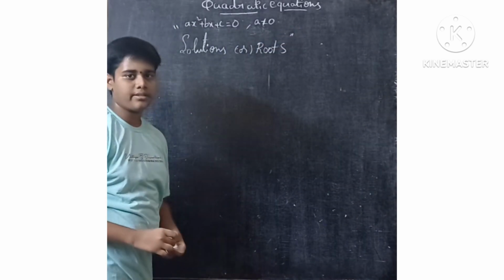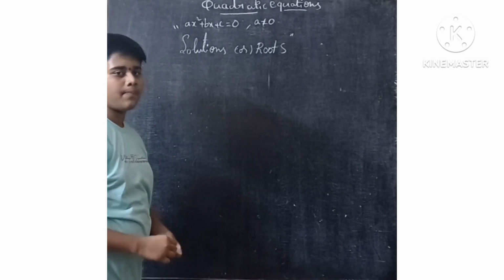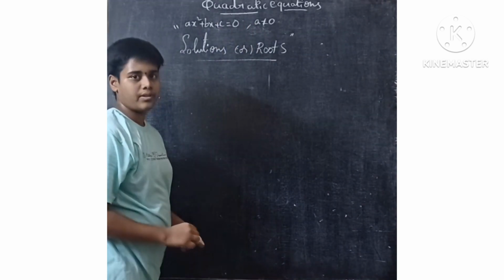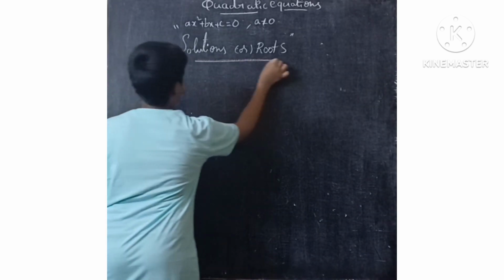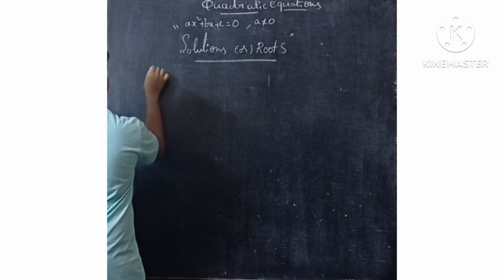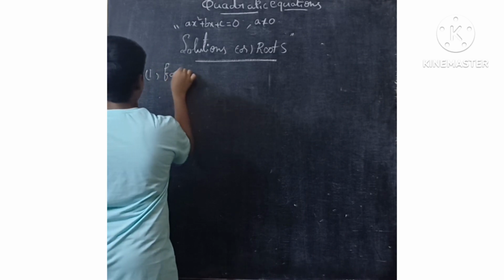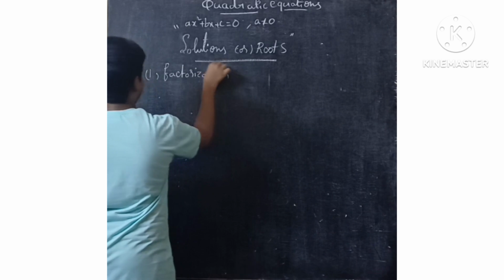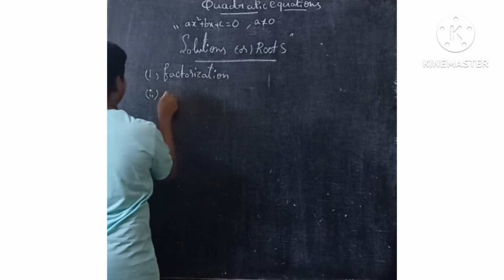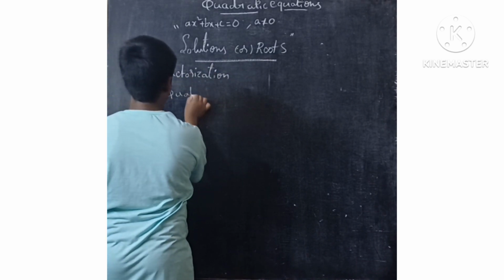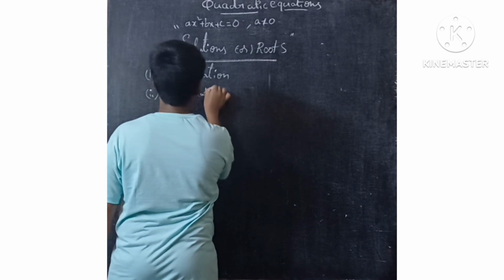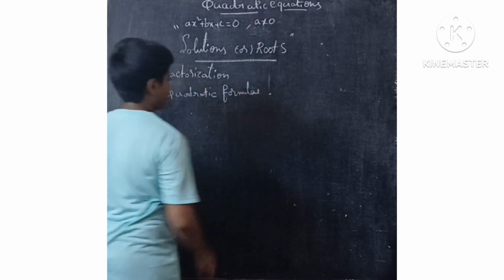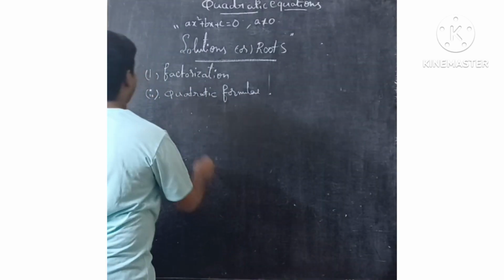In quadratic expressions, solutions are known as zeros, and in quadratic equations, solutions or roots. Okay, how to find solutions and roots: first one, factorization, splitting the middle term, and another, the quadratic formula. These are the two methods for finding the solutions of quadratic equations.